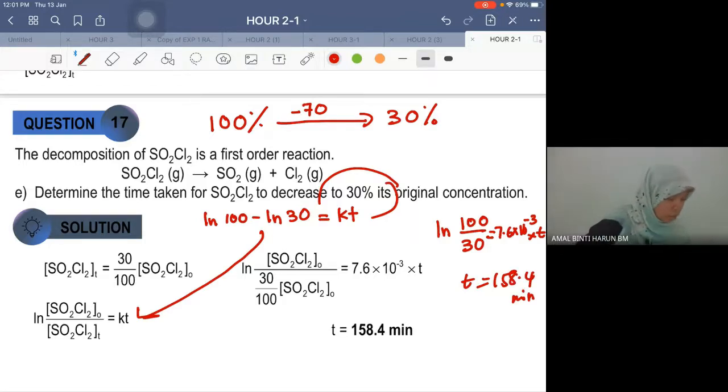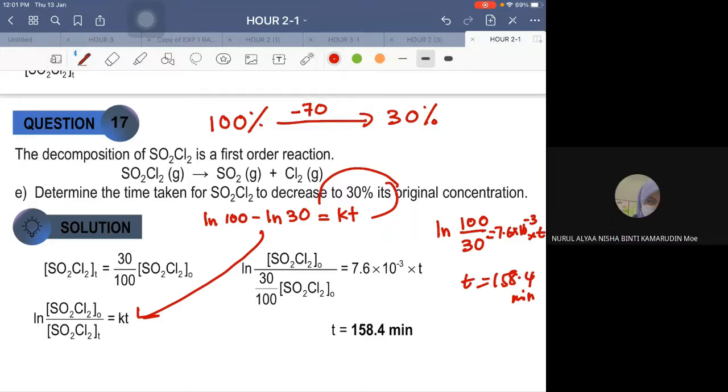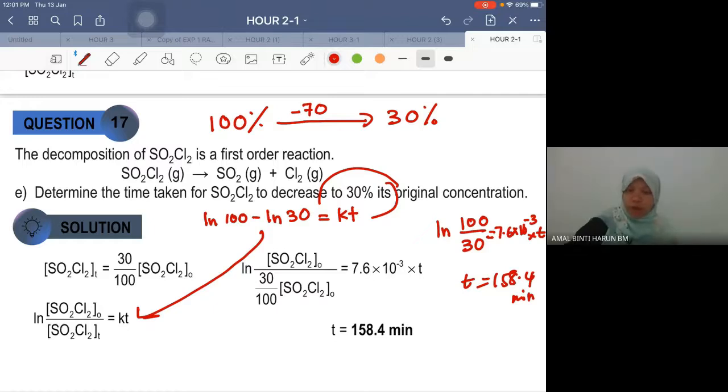Cuba tekan calculator. Tak ada calculator saya ni. Dapat. So betul kan? 100 original dia berkurang kepada 30.